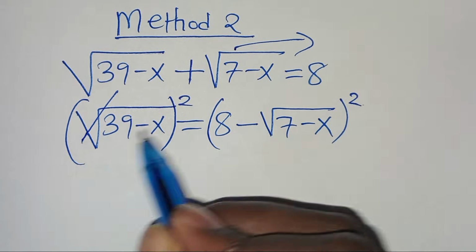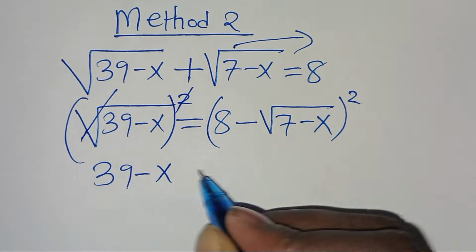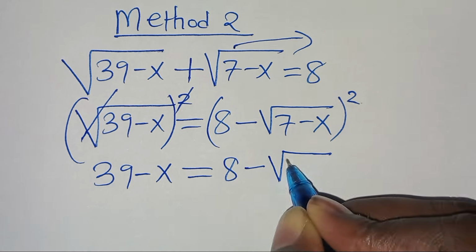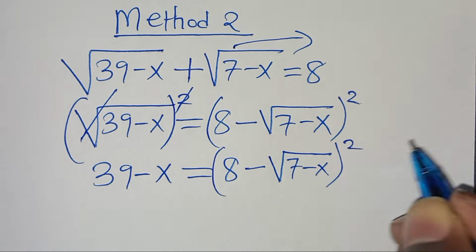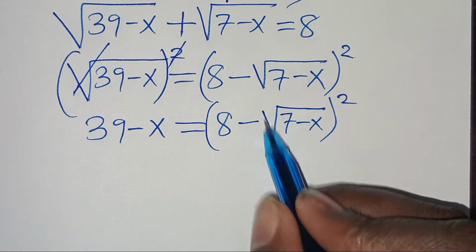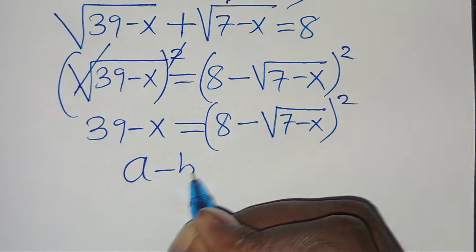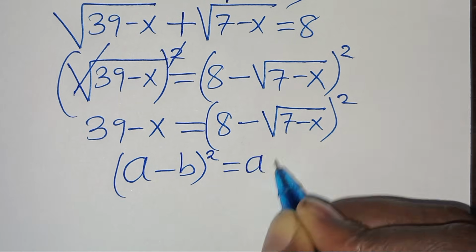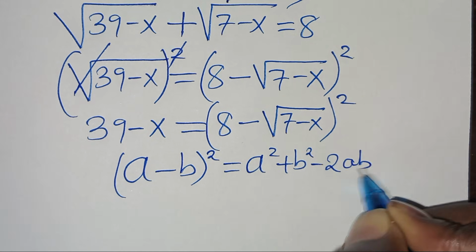Let's eliminate the square root sign here, so that we have 39 minus x equal to (8 minus the square root of 7 minus x) raised to the power of 2. Now, this is in the form of a minus b raised to the power of 2, which we can express as a squared plus b squared minus 2ab.